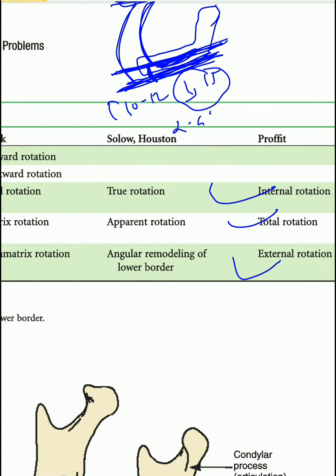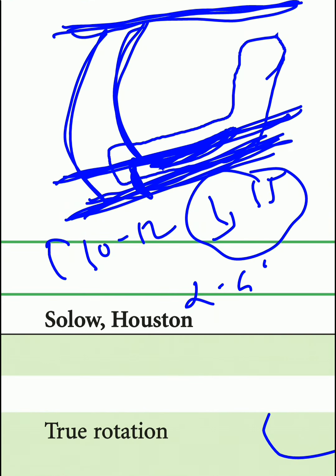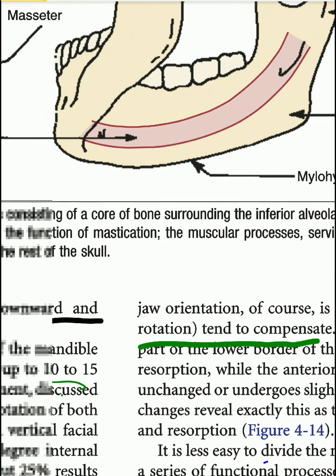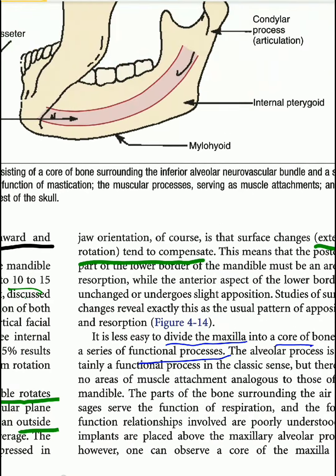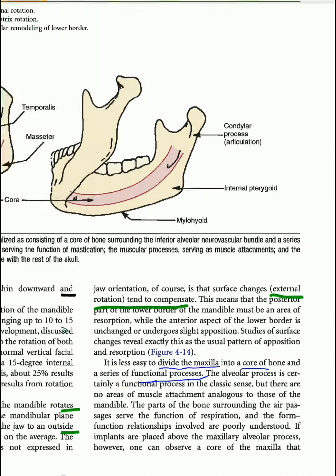Let me correct this: the core of the mandible is rotating forward up to 15 degrees and the external rotation is taking place as 10 to 12 degrees in the backward direction. So the ultimate value that we are getting is 2 to 4 degrees in the forward direction, because the external rotation is compensating the area that it has lost.